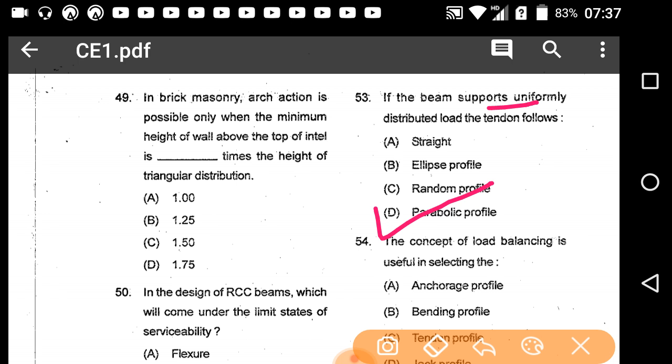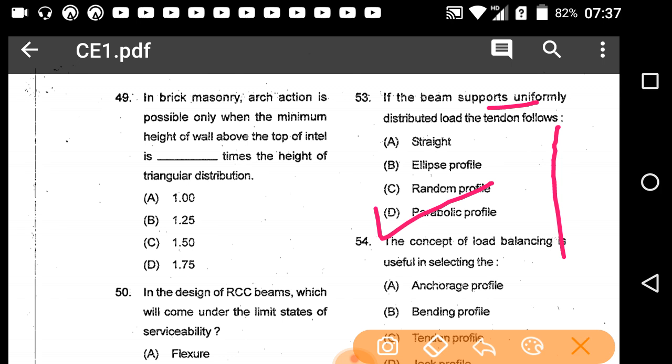If it were asking about a point load in place of a uniformly distributed load, then it would be trapezoidal. But here it is asking about uniformly distributed load, so the tendon follows a parabolic profile, that is option D will be the correct answer.